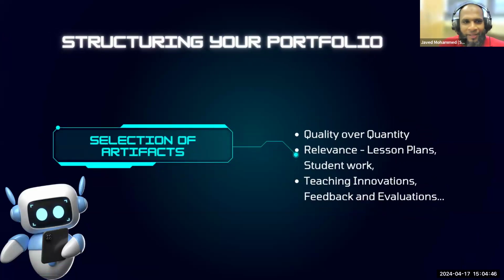Yes. Nice. And structuring your ePortfolio here now, we want to look at the selection of artifacts. Very, very important. Dr. Hill, I think, tried his best to make that point clear. This is where you need to be selective. We have reviewed a lot of ePortfolios, and one thing that I think we can all agree on is that persons choose quantity over quality, but I'm here to tell you all to choose quality over quantity.